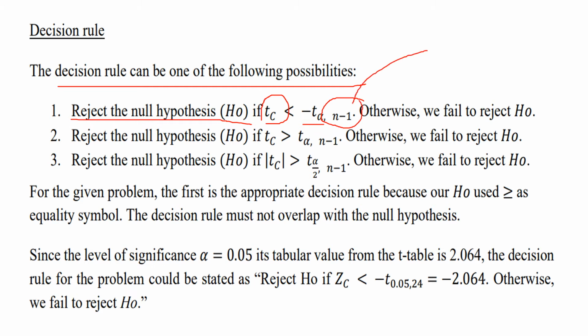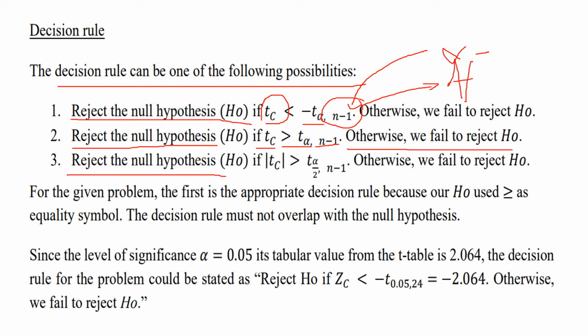The value of your critical t will always be dependent on your alpha and your degree of freedom, which will be your n minus 1. Then for number 2, reject the null hypothesis if your computed t value is greater than your critical value with respect to n minus 1. Otherwise, we fail to reject your H0.